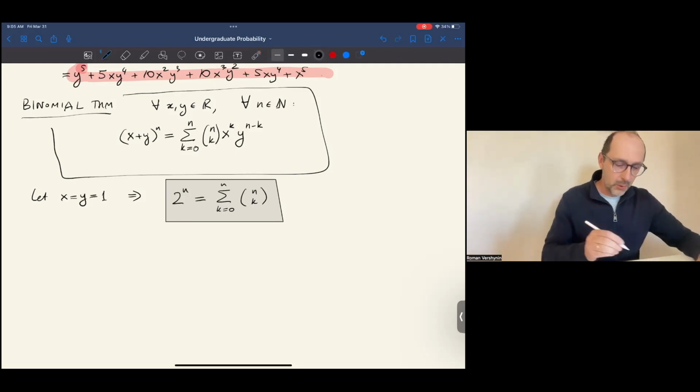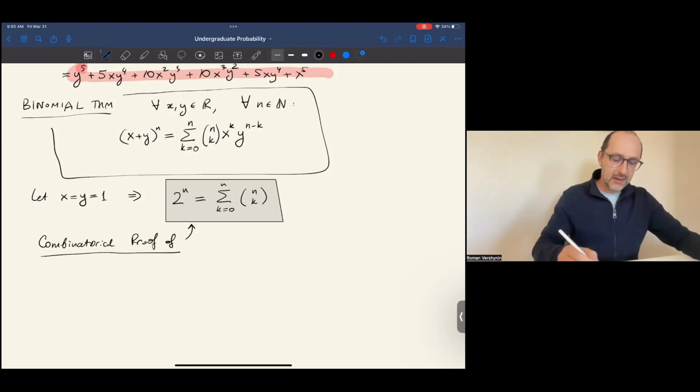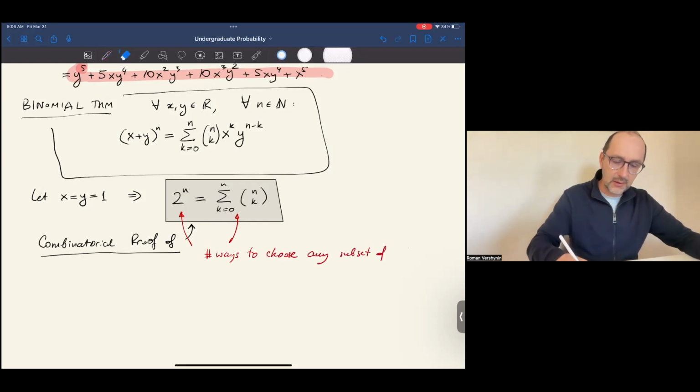Let us give one more proof of this corollary, a combinatorial proof. We can realize both sides of this equation that we would like to prove as the number of ways to choose any subset of n friends for your party.